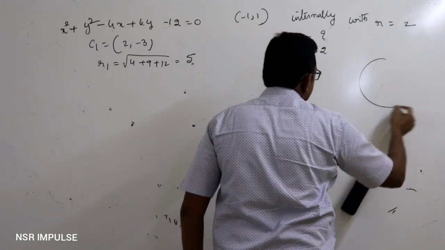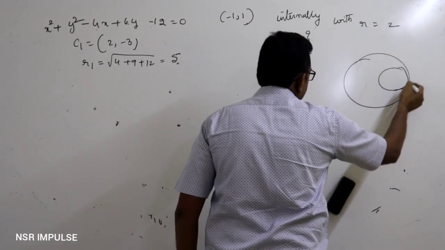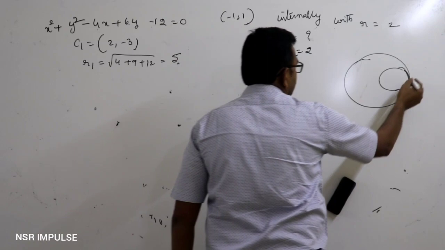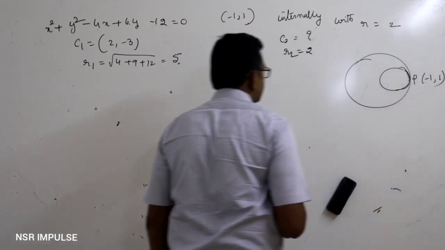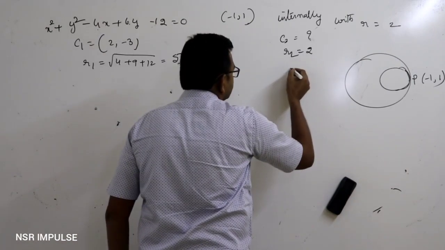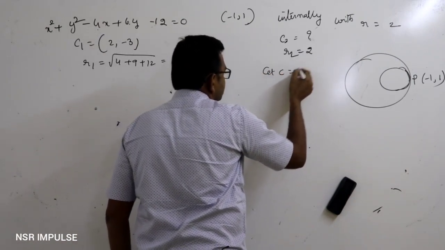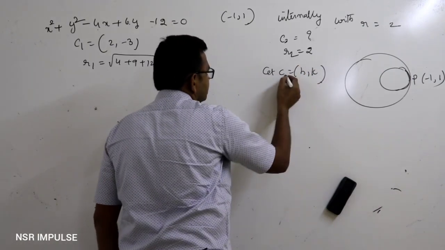So the two circles touch each other at the point P, minus 1 comma 1. Let the center of the second circle be h comma k.